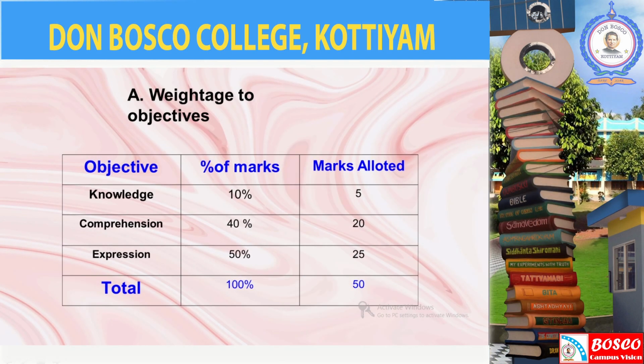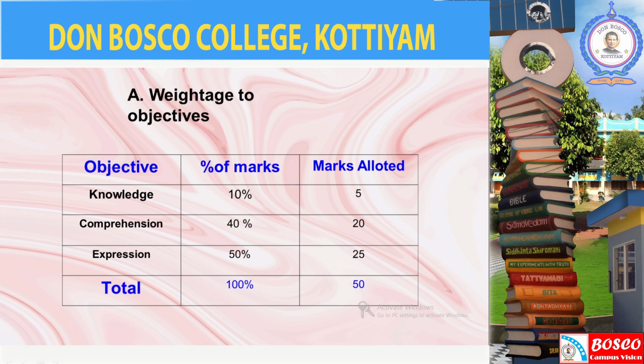In English language testing, 3 major objectives are tested: knowledge, comprehension and expression. So you must give weightage to all these 3 objectives. When you plan a chapter itself, you can see what are the general objectives and also the specific objectives. So when you prepare the question paper, you must give weightage to the objectives.